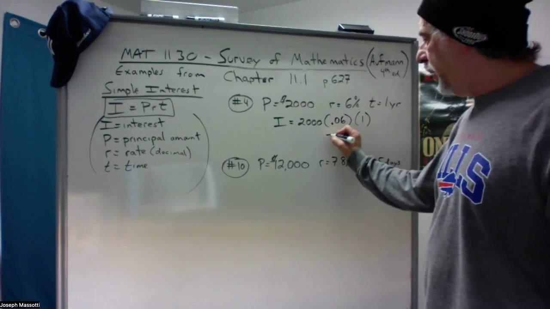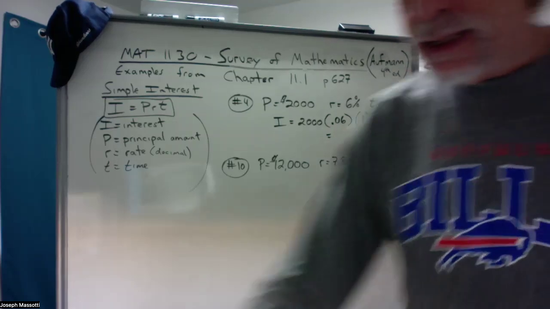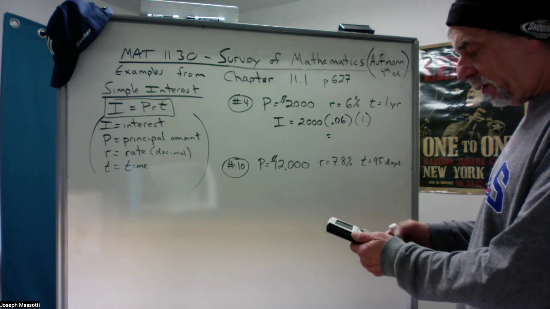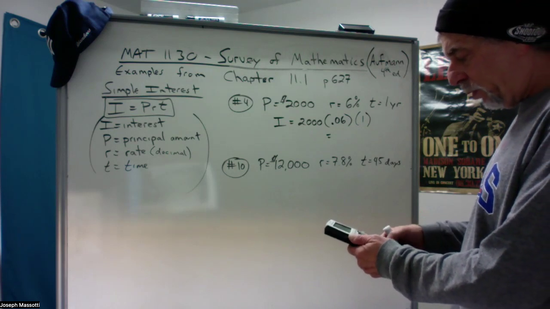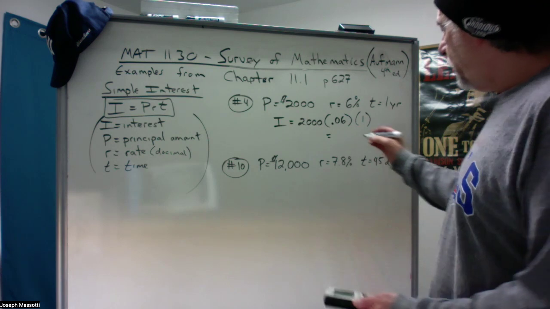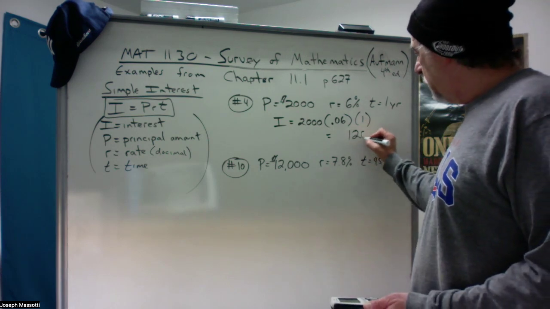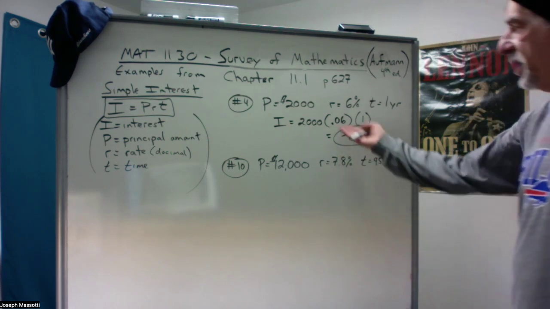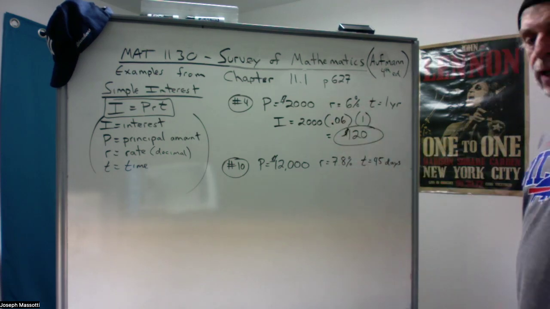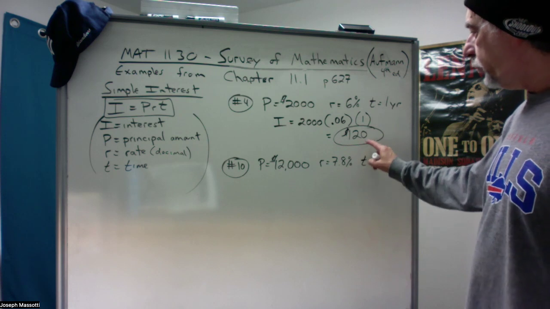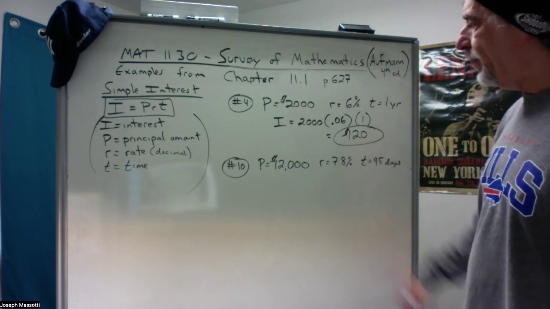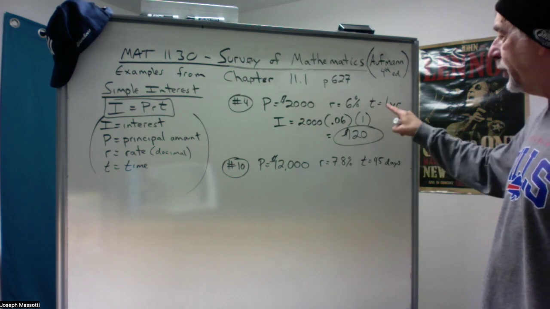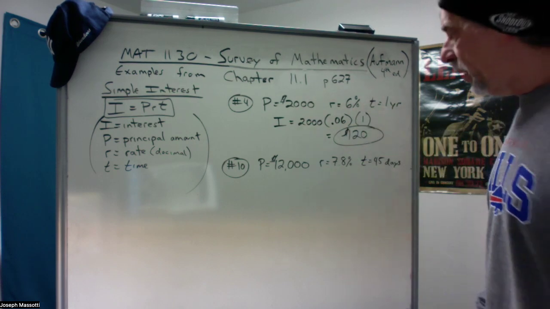So that's all we're doing here. We're just multiplying those numbers together. We get 2,000 times 0.06, and we end up with $120 of interest for 1 year. So it's just 6% of 2,000. $120 is the simple interest earned when you invest $2,000 at 6% interest for 1 year.